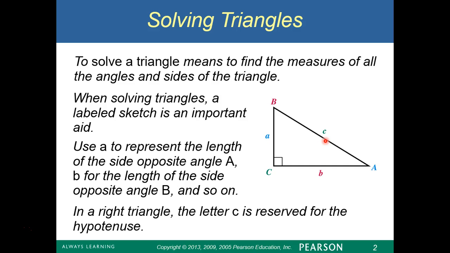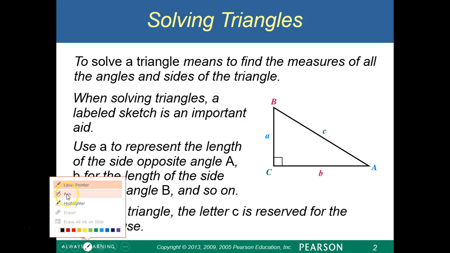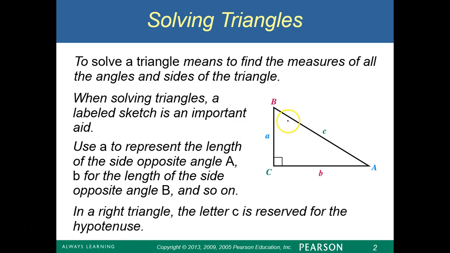So, it's important to sketch this triangle right here. And like I've told you in class, this triangle is representative of all the right triangles that you're going to be drawing for this section. So for angle A, your side A is always going to be opposite of that angle.